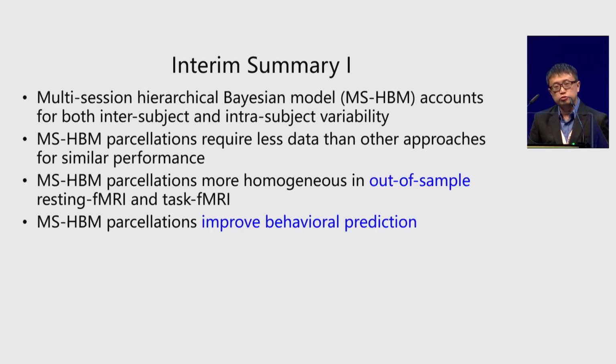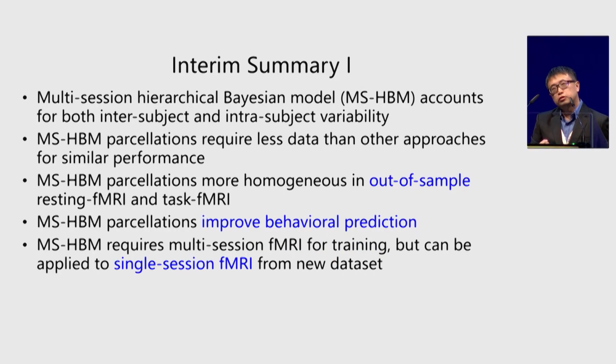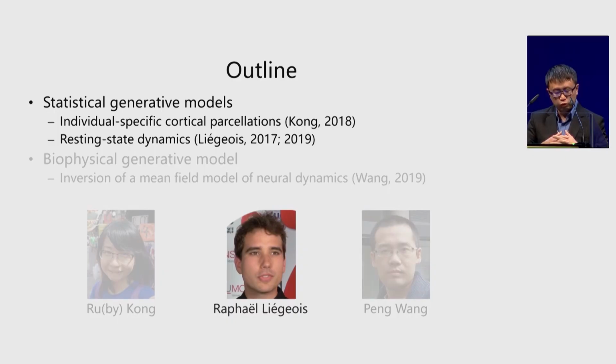We also show that using individual specific parcellations can improve behavior prediction. And even though the model requires multiple sessions of data for training, the nice thing is that after training, we can apply it to a new subject with a single session of data from another data set. So let's move on to the next topic.